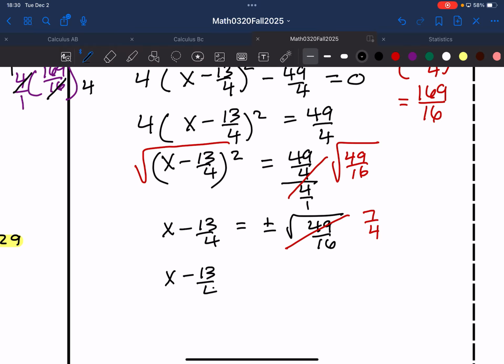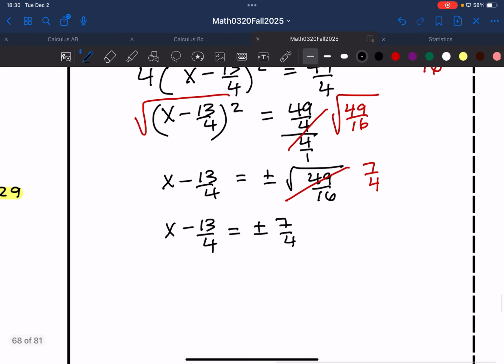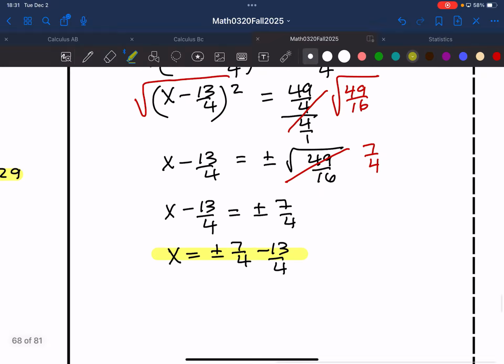So x minus 13 over 4 is equal to plus or minus 7 over 4. Our last step, add the 13 over 4. So x is equal to plus or minus 7 over 4 plus 13 over 4. Okay, that's our exact answer.